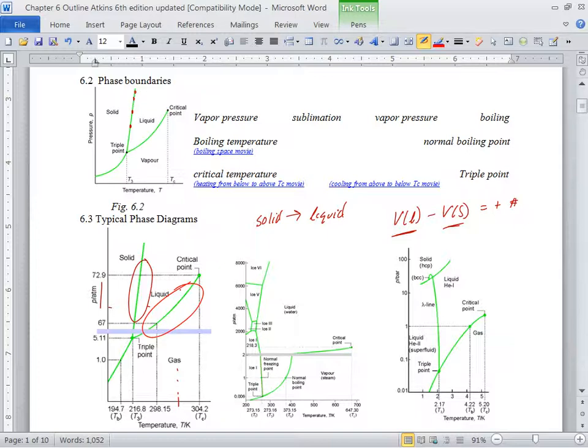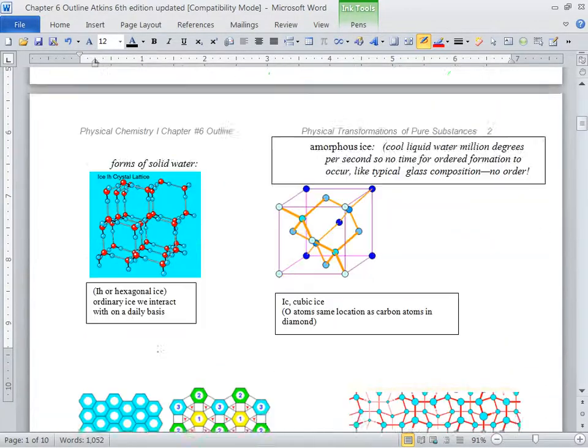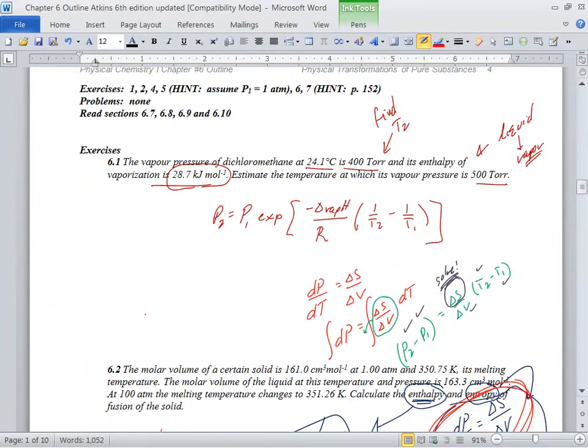Well, that's boiling. Things have to be boiling there. So you can call this the boiling point curve if you wanted to. As you crank up the pressure, look what happens to the boiling point. It keeps going up. Makes sense because the vapor pressure is higher, right? It's going to take more work to get out of there, more effort, more energy. So this curve is what they're trying to give us in that expression.